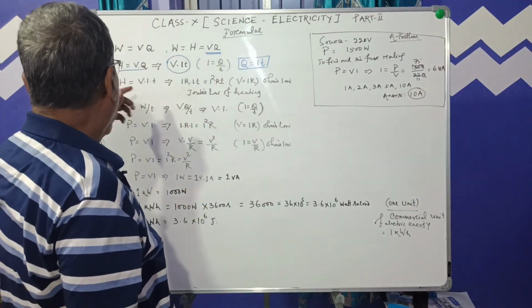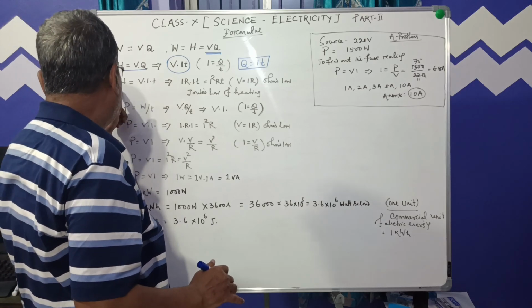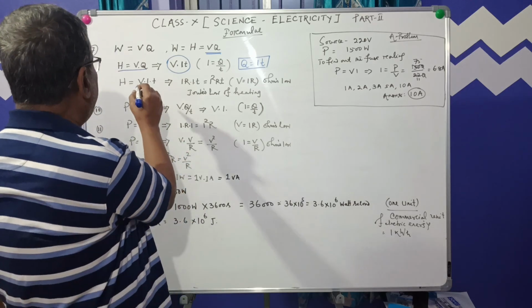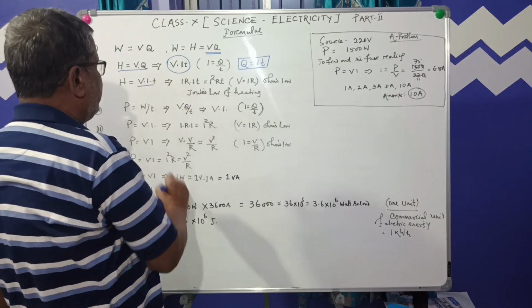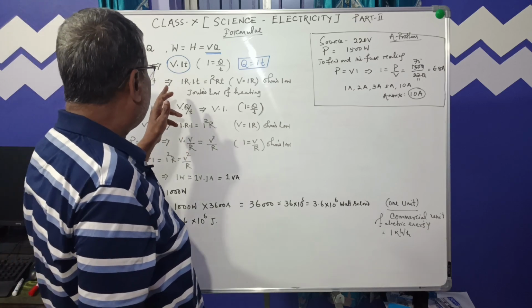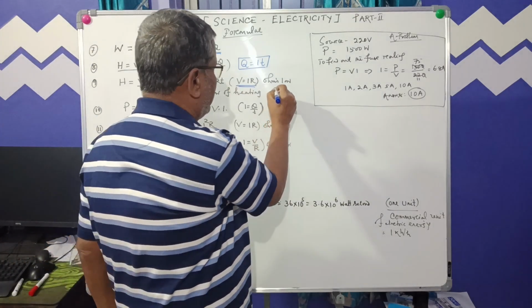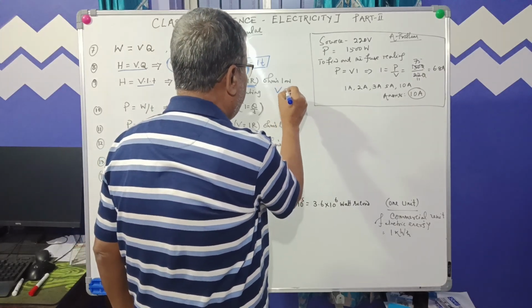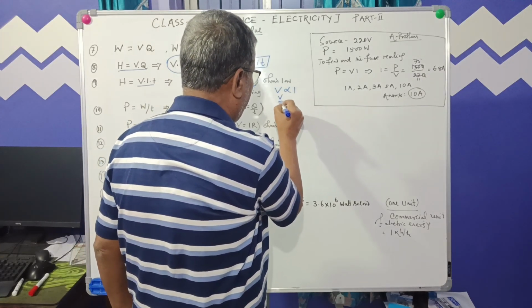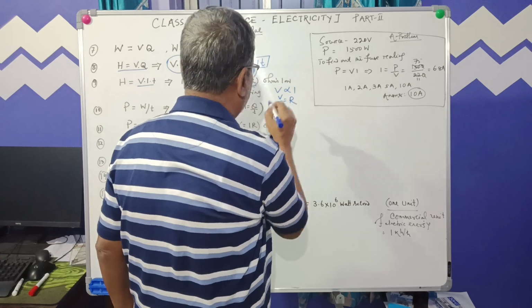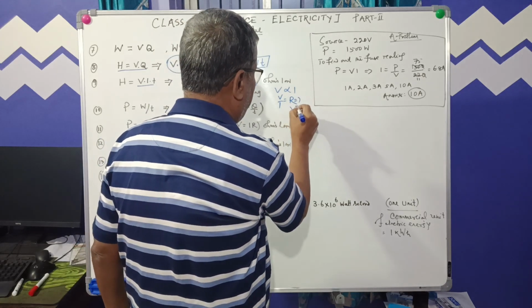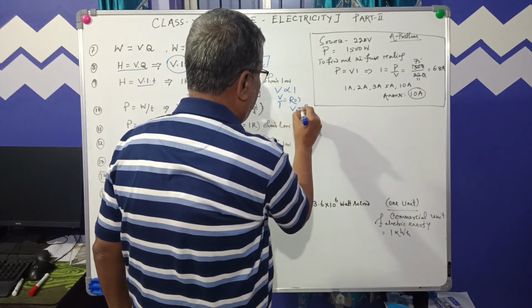Next, please come to formula number 9, the same H equal to VIT that we derived. Now let's apply V is equal to IR, because V by I is equal to R, and that implies V is equal to IR, that is Ohm's law.